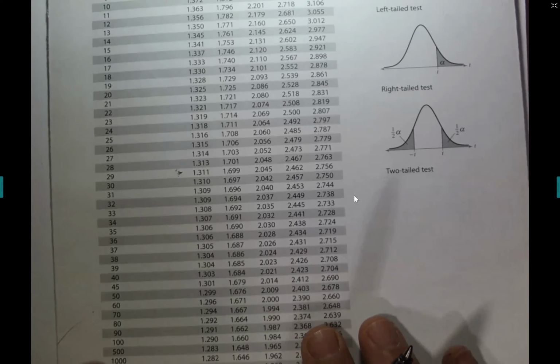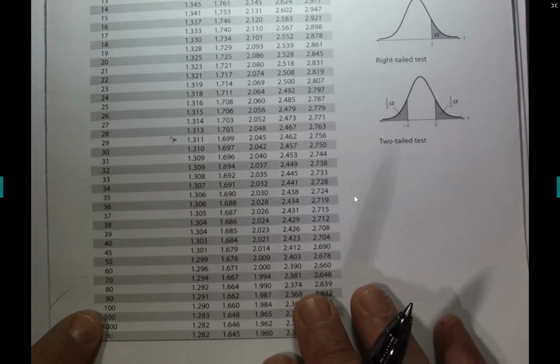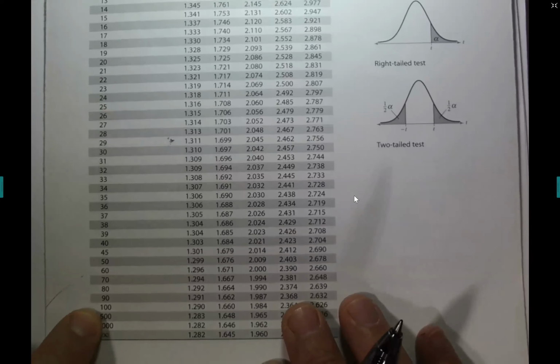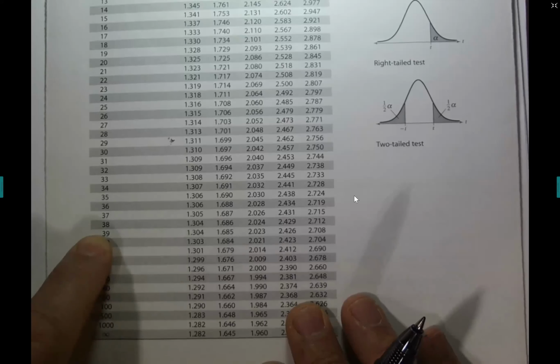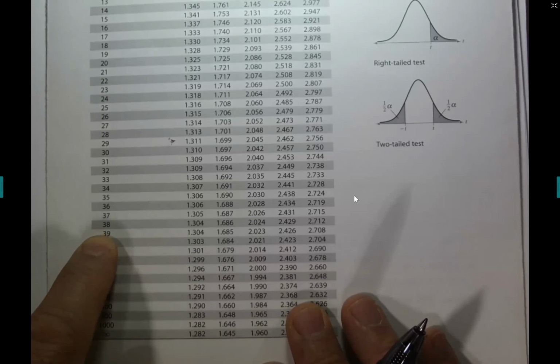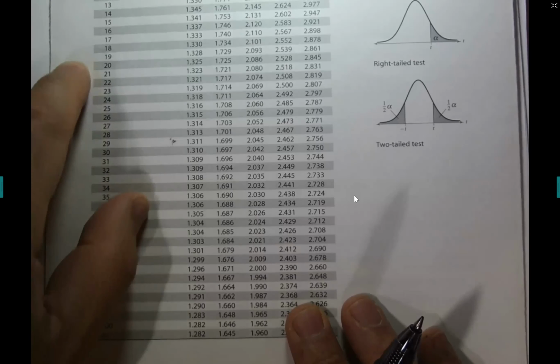Now, if your sample size is 100, you look for 99, but there is no 99, so you just use 100 because that's the closest to 99. If your sample size is 40, guys, you use 39. Look, 39 is already there. But usually sample sizes when we use the t-distribution are small.